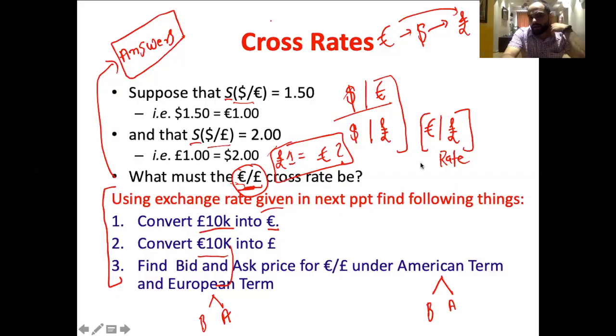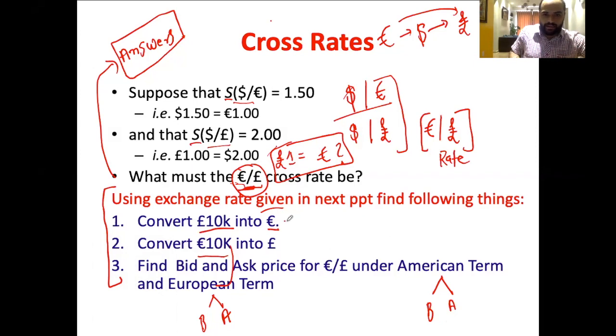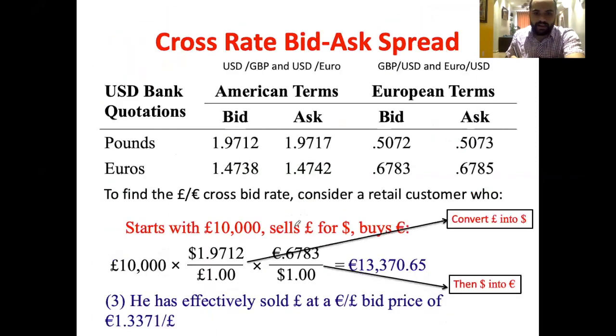So you have to find bid and ask price for American and European terms. So that's what you have to do, 3 things. For the first one, it's in the next slide. I don't know what the slide number is.